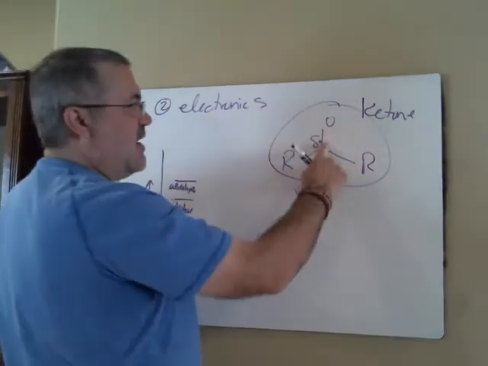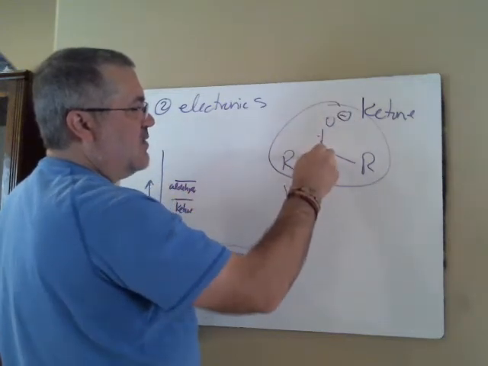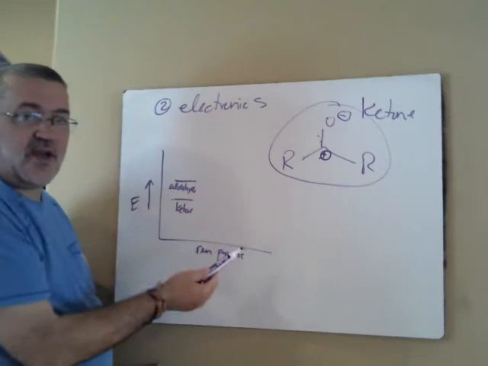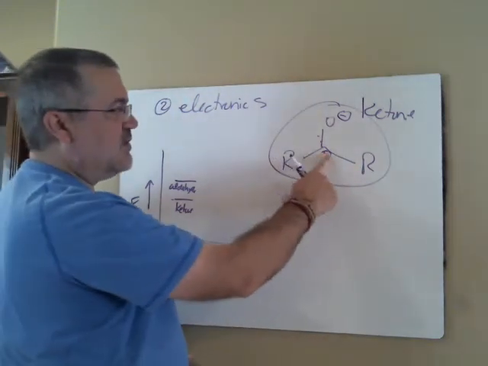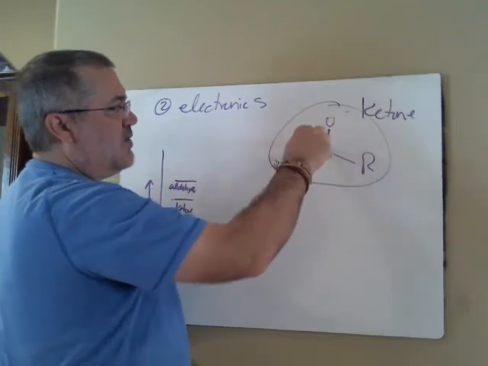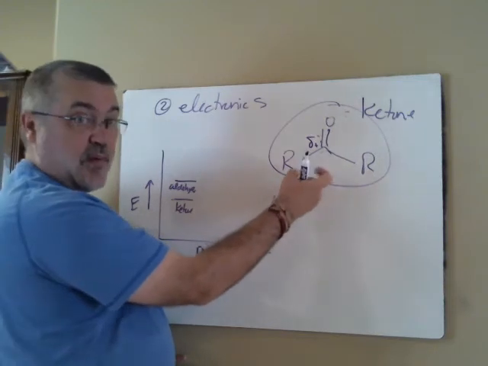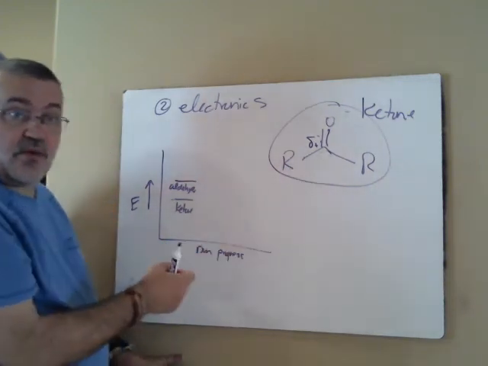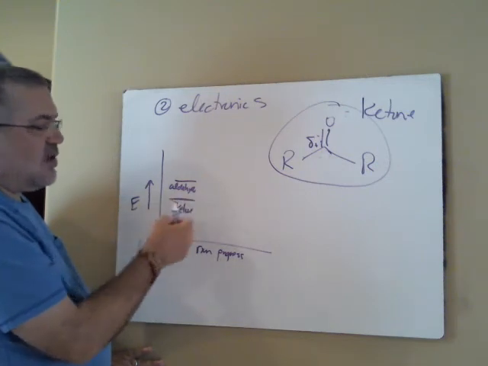So when I say that this minor resonance form of the starting material looks like this and is more stable, it hasn't reacted with anything yet. That's just a resonance form contributing to the ketone. You could also think about it as just this partial positive charge is more substituted, therefore more stable. So that means the energy level of the ketone is at a lower level.